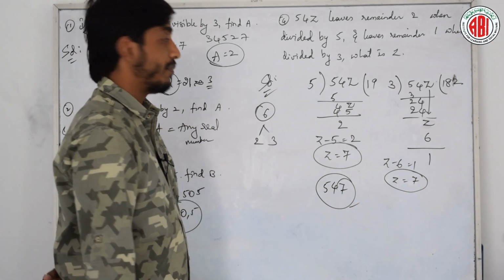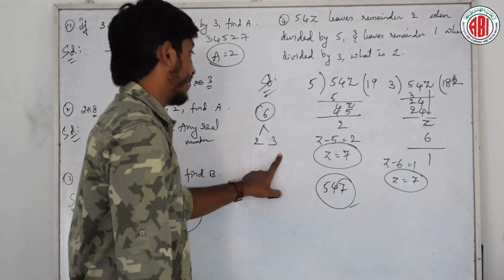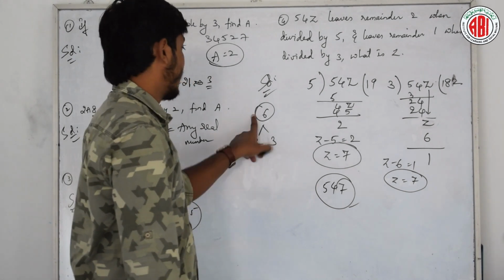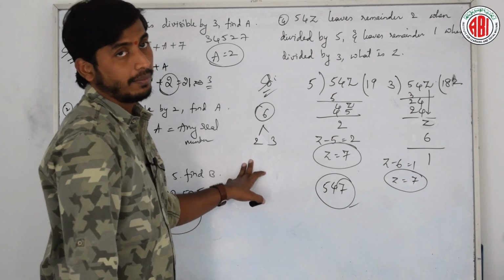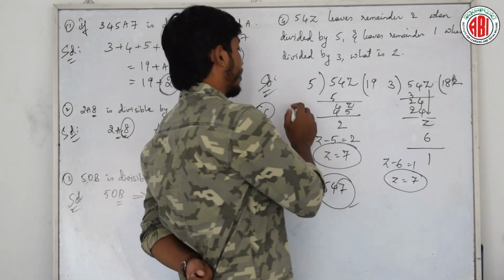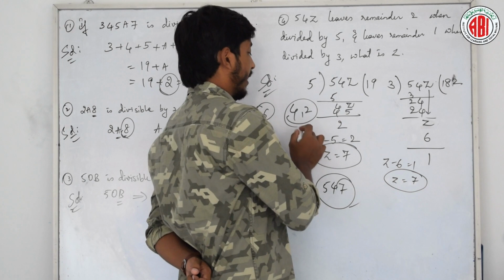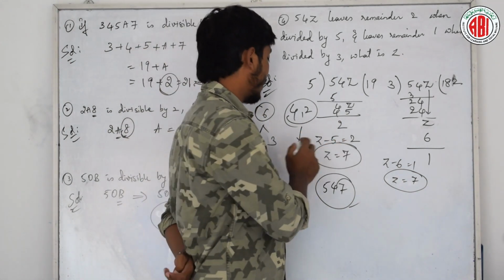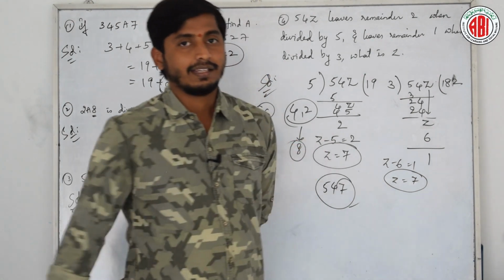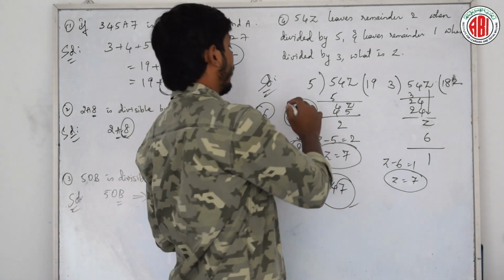Clear? Similarly, if a number is divisible by 4 and 2, it is divisible by 8.